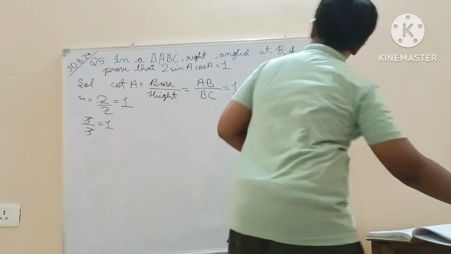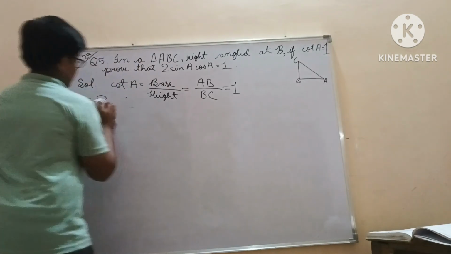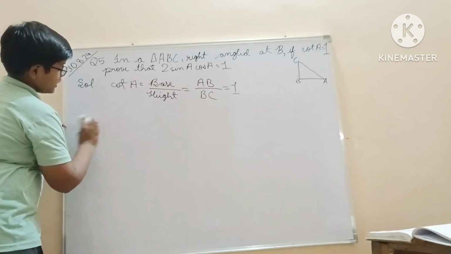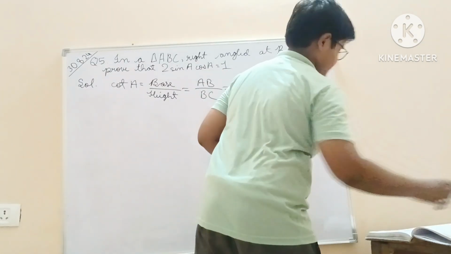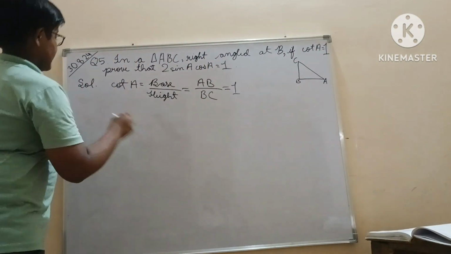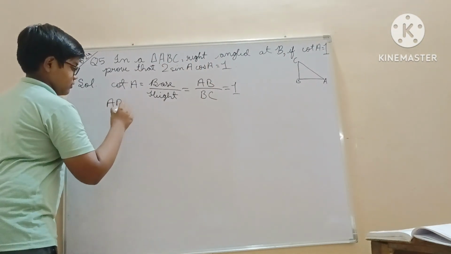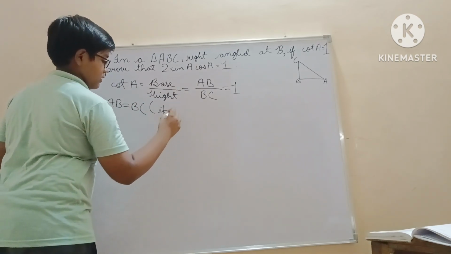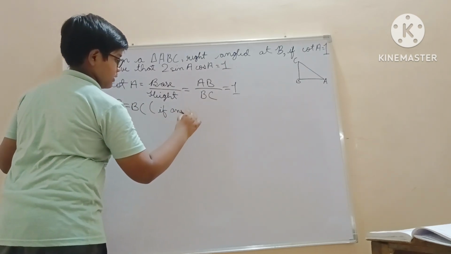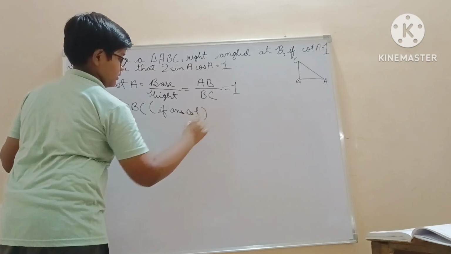So if any fraction's answer is 1, then both the values are equal, just like 2 and 2 were equal there. So we can say that AB is equal to BC if the answer is 1.